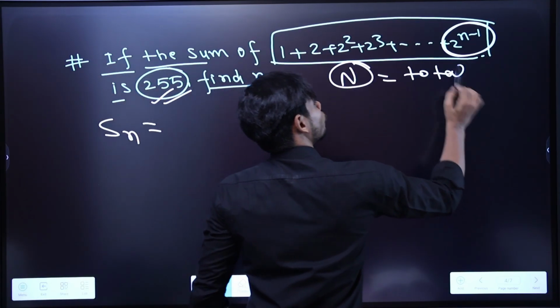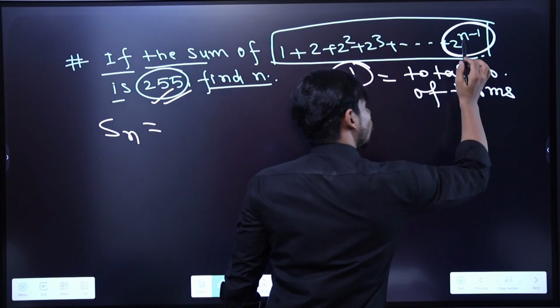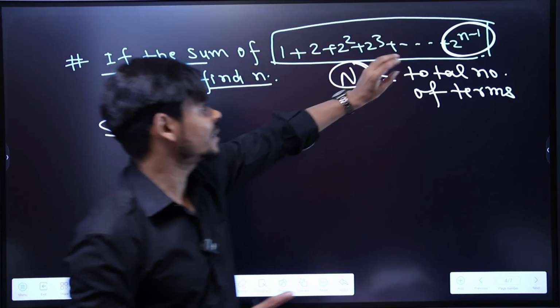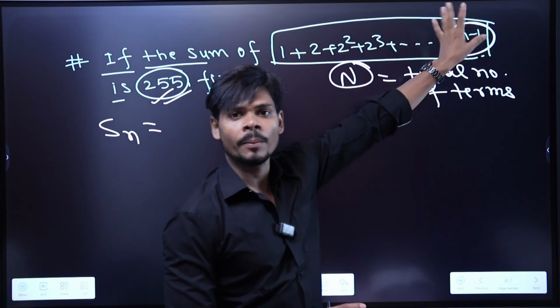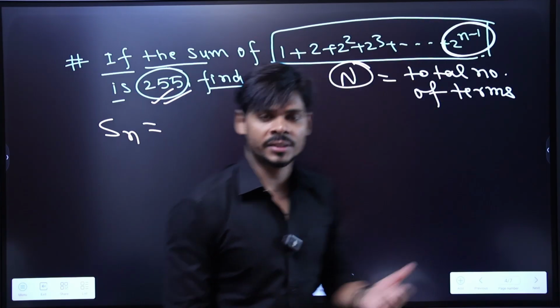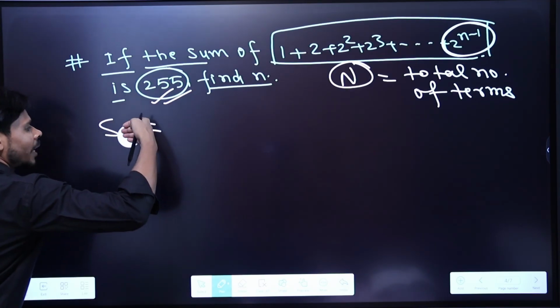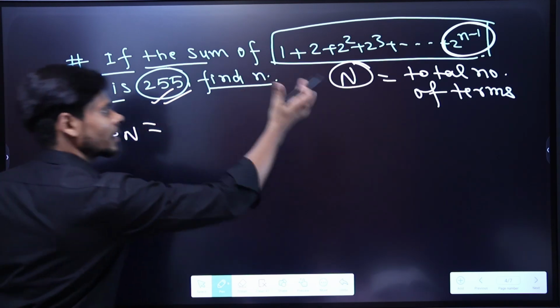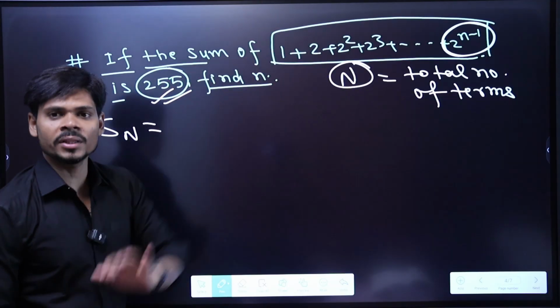This small n is not the total number of terms, because it is used as the exponent for the last term. So I am going to write capital N for the total number of terms. We are already given the summation of all these terms.